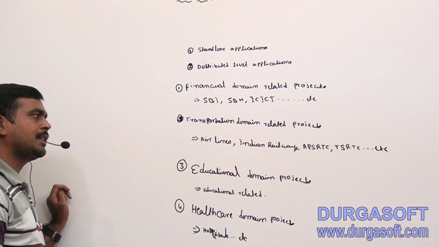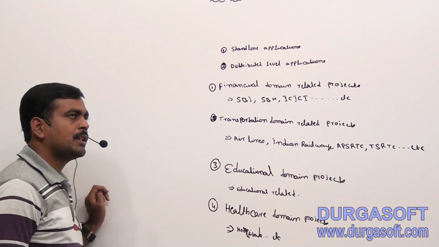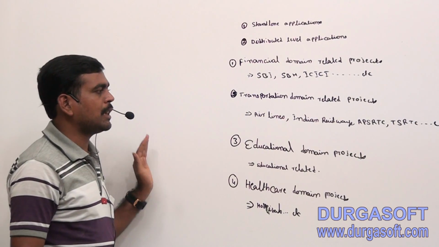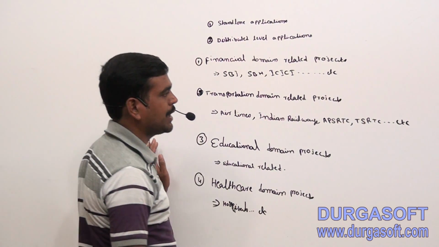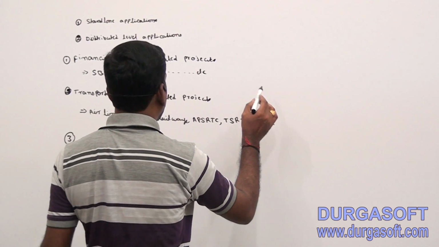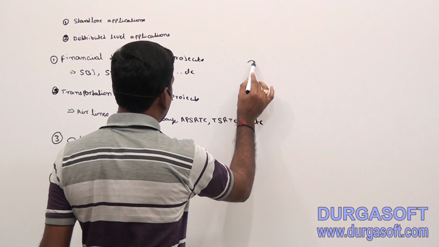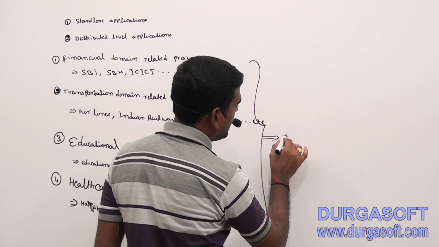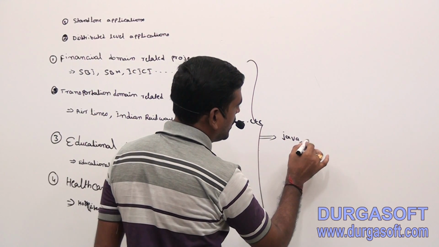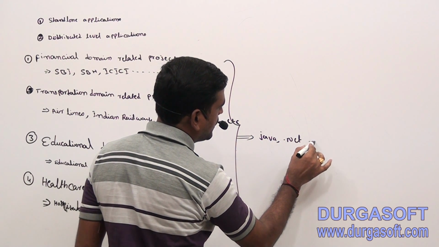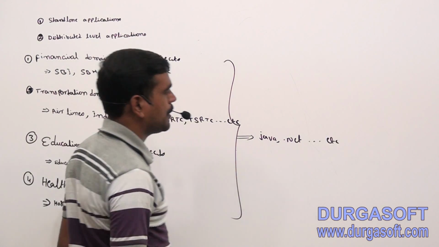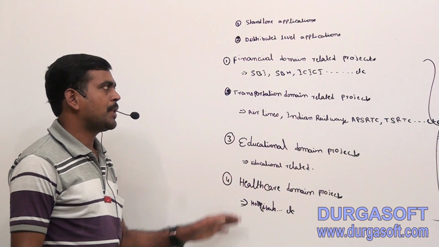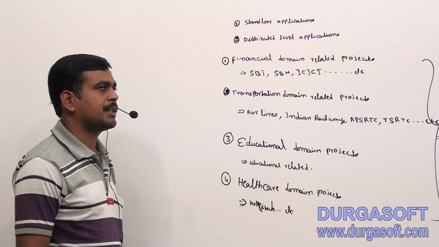Like this, different projects are there in the industry. All these projects come under distributed level applications. If we want to develop distributed level applications, then what is required? Any one of the object oriented programming languages is required, either Java or .NET, etc. Any one of the object oriented programming languages we can use, and we can develop this type of distributed level applications.